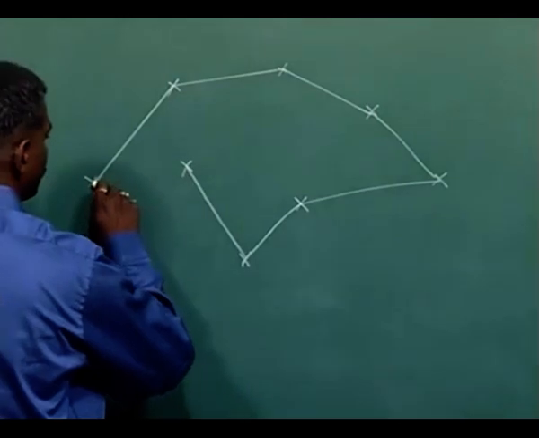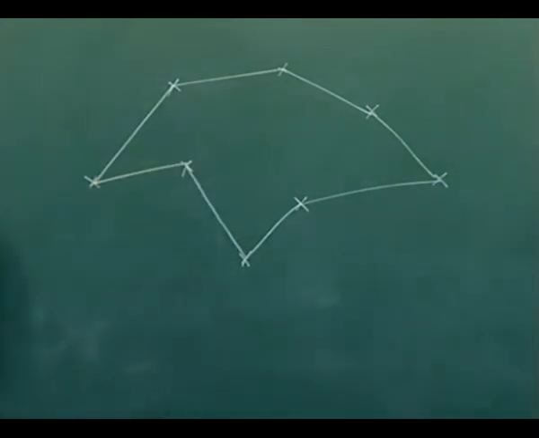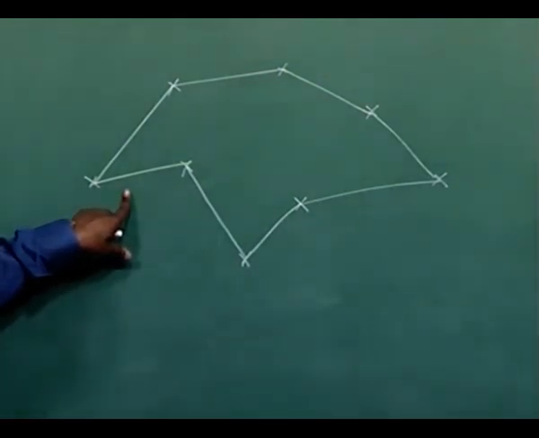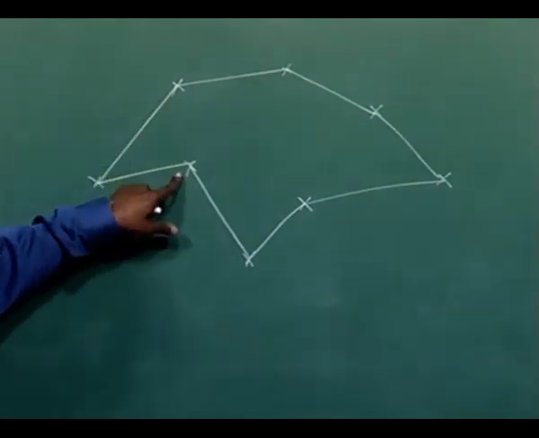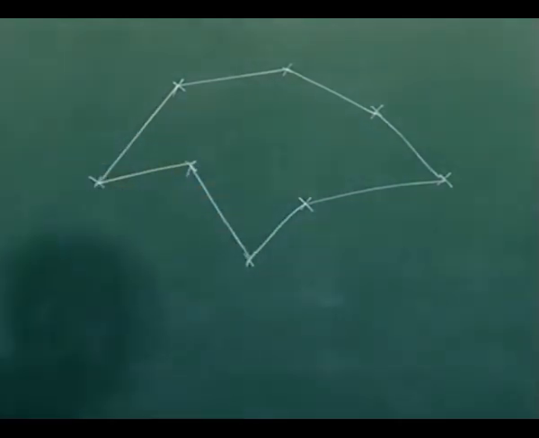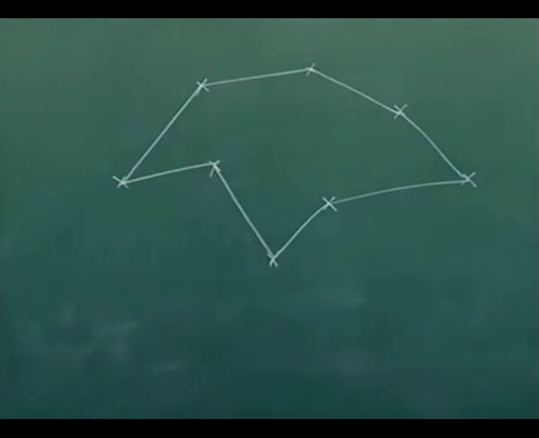Let me close the loop here. And let me pose this question to you. Is this the convex hull for these data points specified? The answer to my question is no. Why is that so?